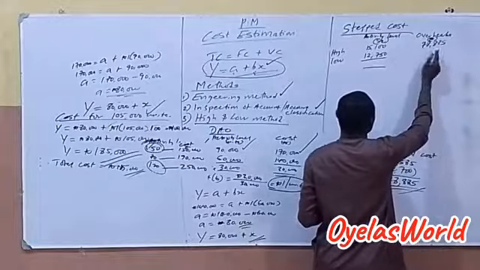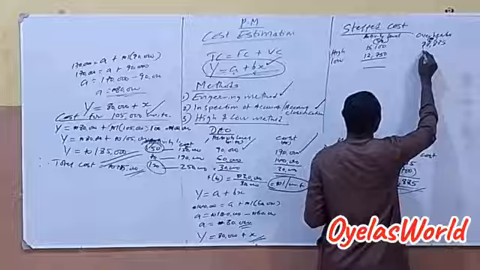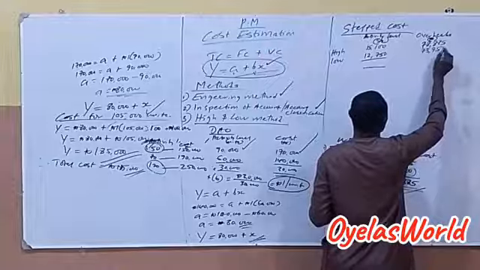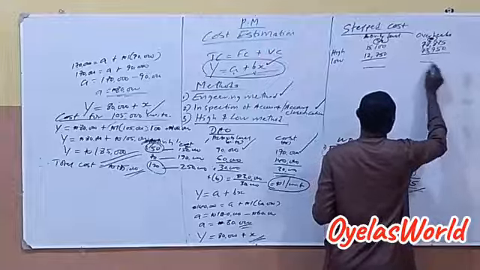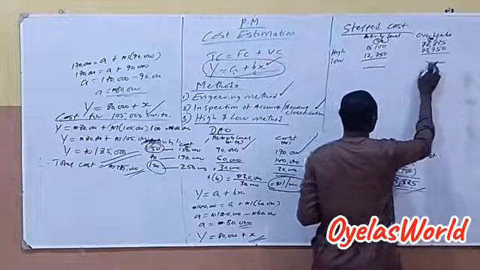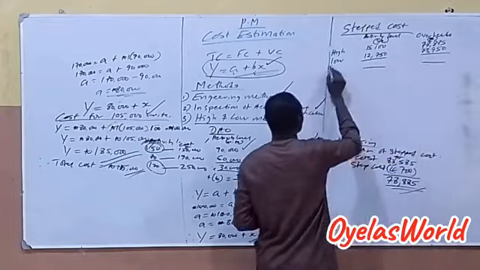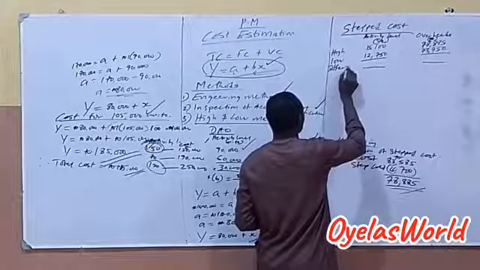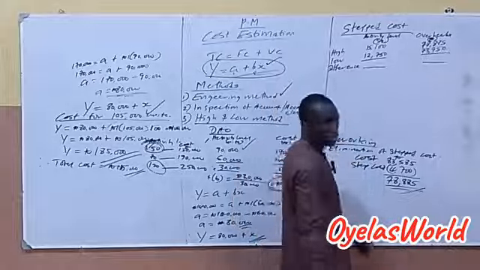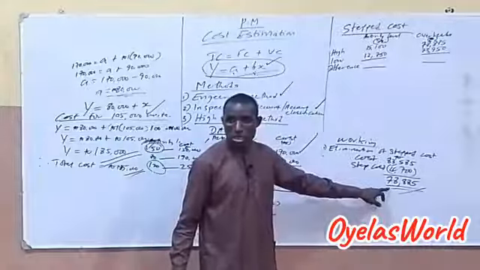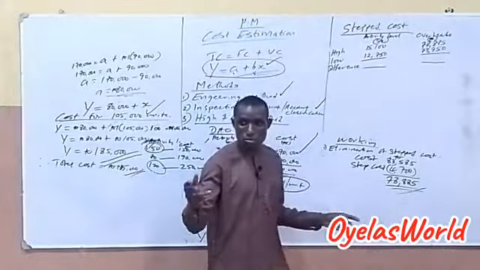This one is what? 75,950, right? The low cost? Give me the difference now on the two. Difference here, difference here.